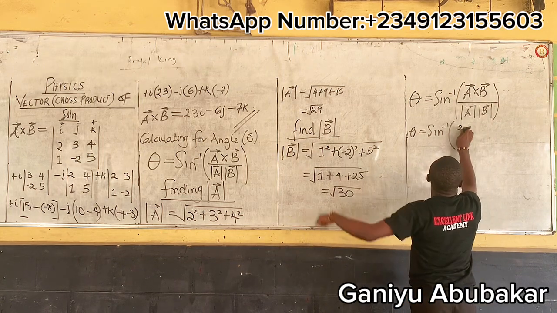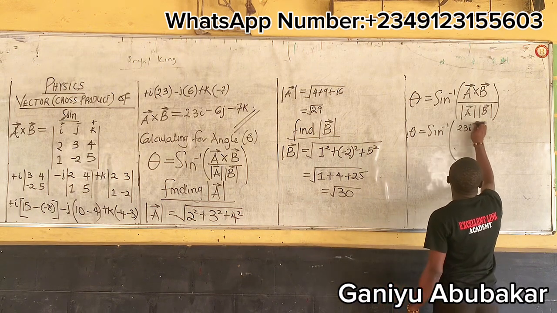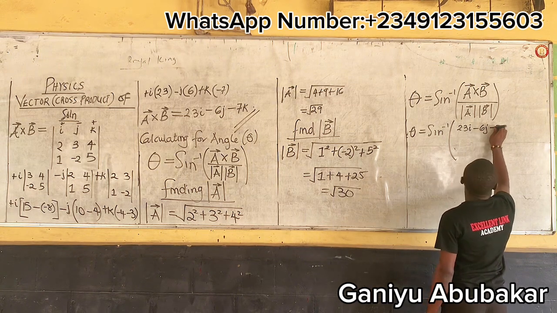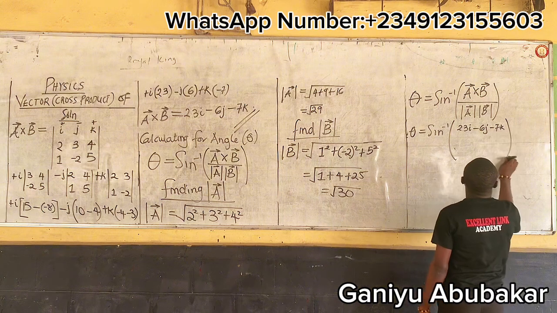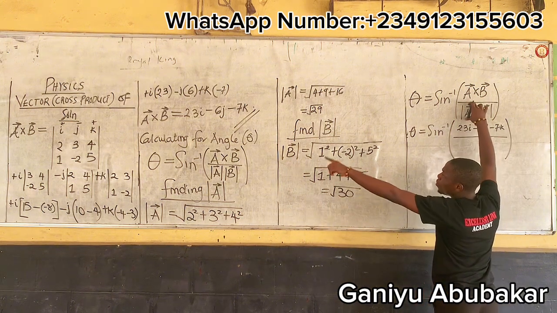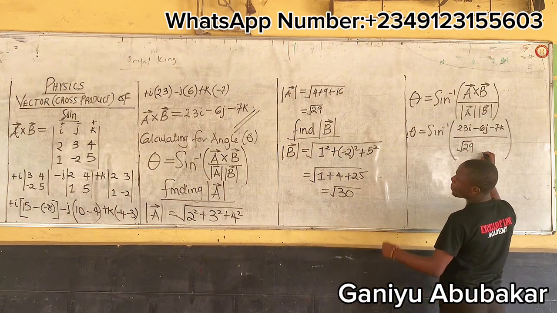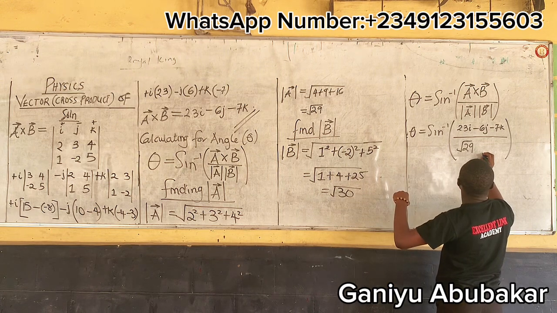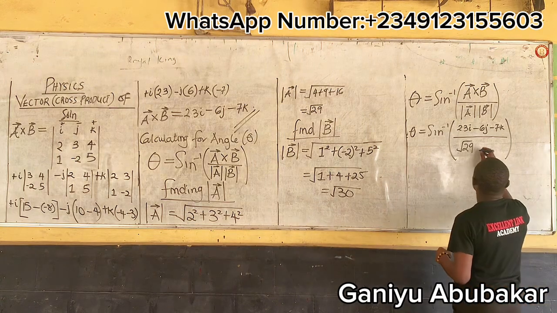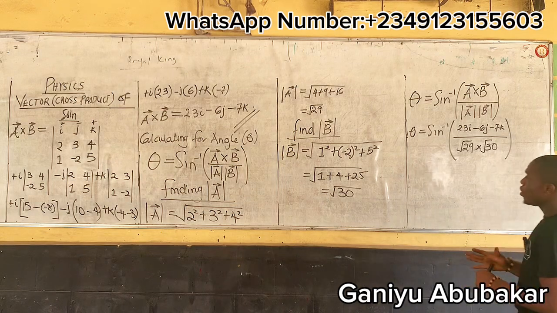That's 23i minus 6j minus 7k, all over the magnitude of A, root 29, times root 30, right?